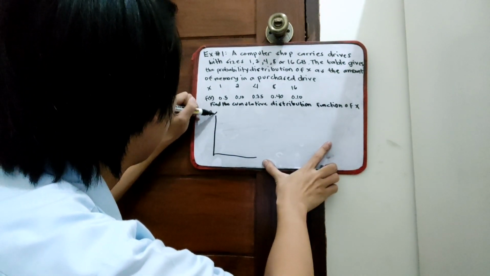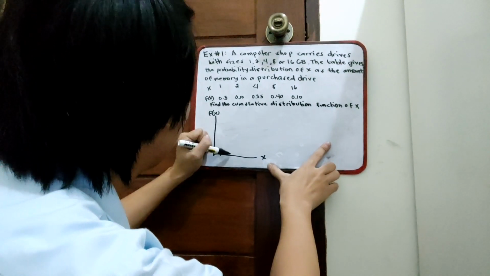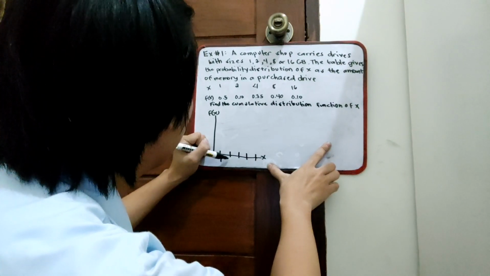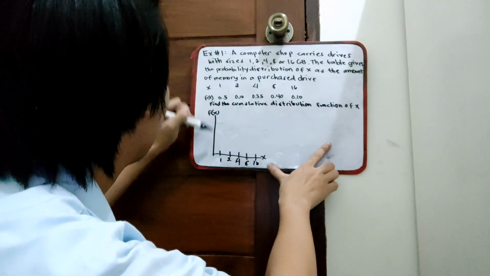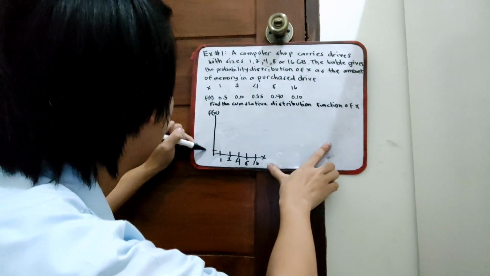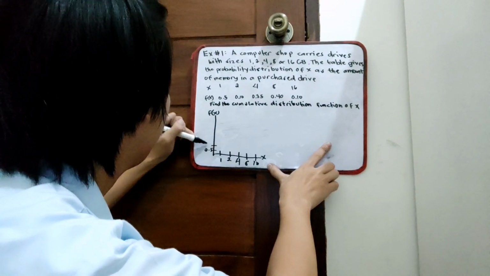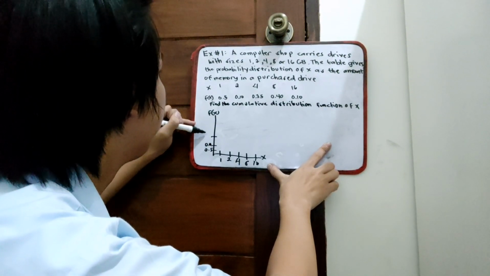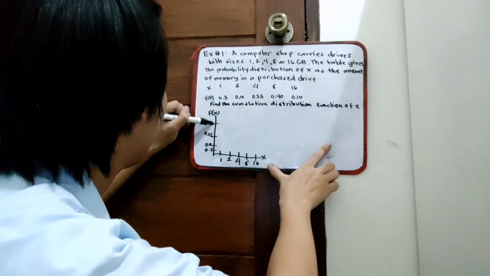f of x and x. 1, 2, 4, 8, and 16. While the probabilities are 0.5, 0.10, 0.35, and 0.40.